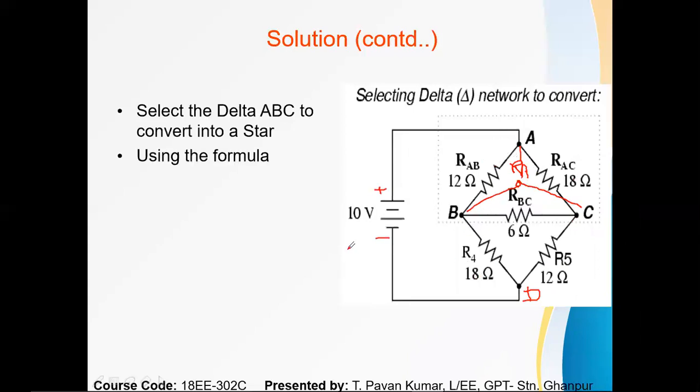So that's what I wrote here: RA is equal to RAB times RAC divided by RAB plus RBC plus RAC. You should consider this as a suffix term.